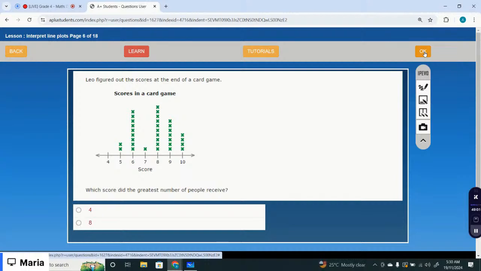Leo figured out the scores at the end of a card game. Which score did the greatest number of people receive?